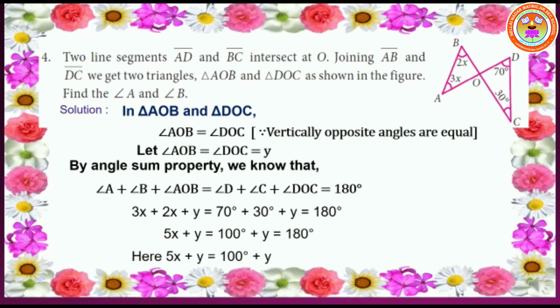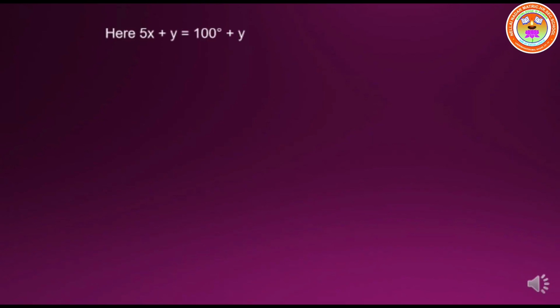So I'm going to equate 5x plus y is equal to 100 degrees plus y. Okay. So now I have to find the value of y. So what I should transpose the y to the other side. Yes. So that plus y minus y get cancelled and you have 5x is equal to 100 degrees.